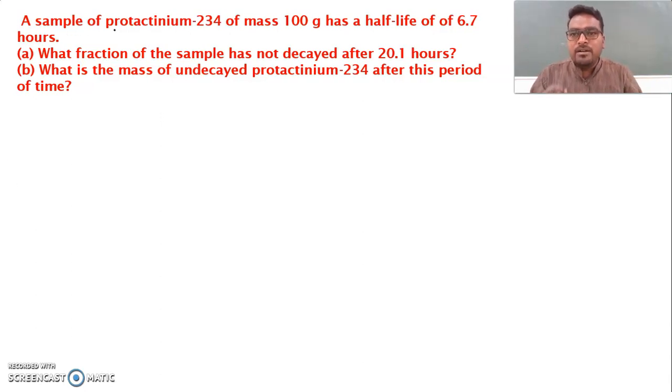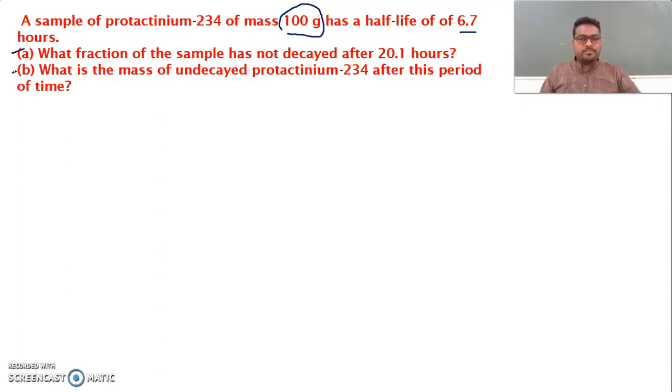A sample of protactinium 234 of mass 100 gram has a half-life of 6.7 hours. What fraction of the sample has not decayed after 20.1 hours? This is part A. And what is the mass of undecayed protactinium 234 after this period?